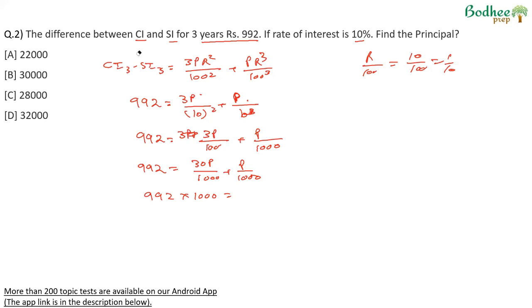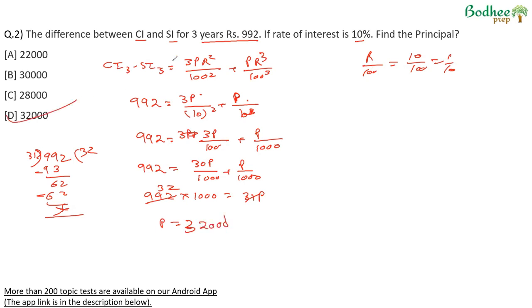From the options, it is evident that 31P has to divide 992. 31 3s are 93, minus 62, 2s are 62. So 31, 32s are 992, and therefore P is nothing but 32,000. Find the principal, 32,000 rupees.